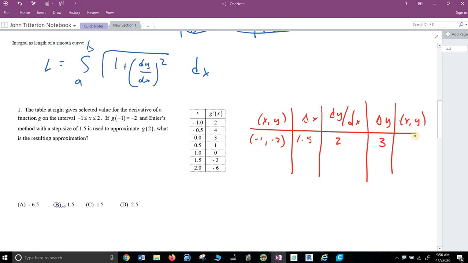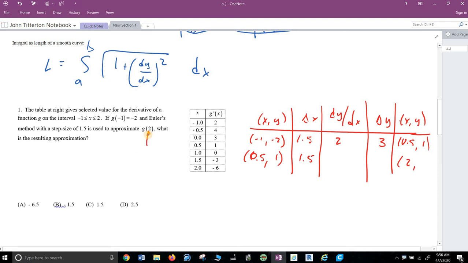Reset your x, y. -1 plus 1.5 is 0.5. -2 plus 3 is 1. So that's our new starting point. Delta x is still 1.5, and 1.5 plus 0.5 is 2. Nice math. And that's what they're asking us for.